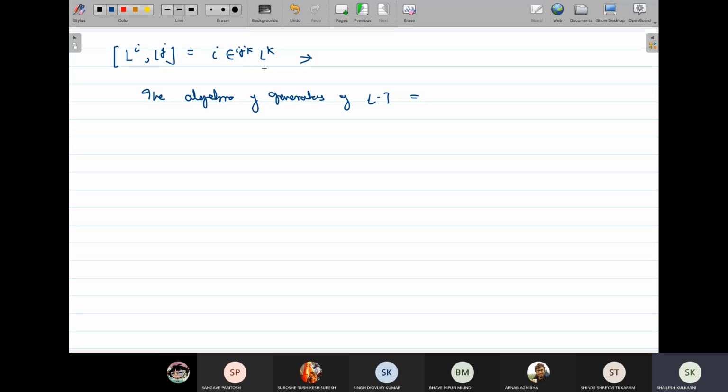Both parts give you an algebra which is the same as the rotation algebra. This is what I am calling rotation algebra, or it has a name. It is called the SO3 algebra.